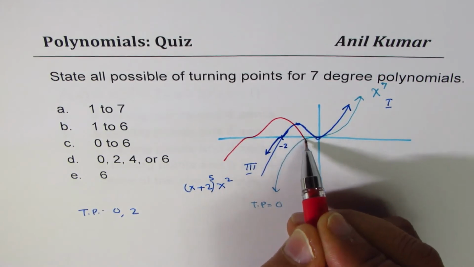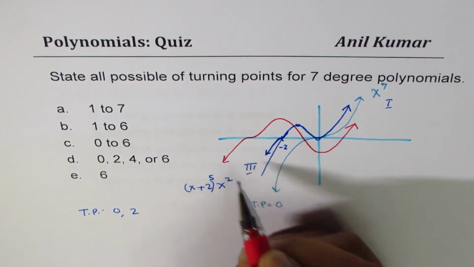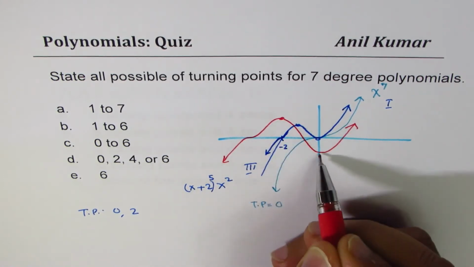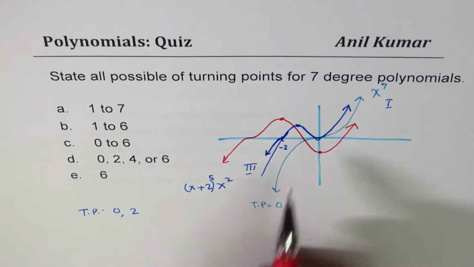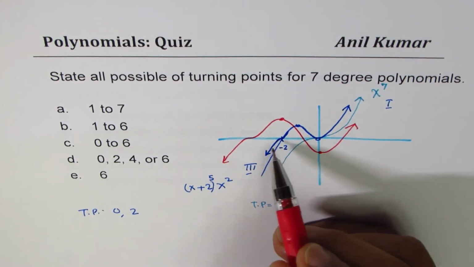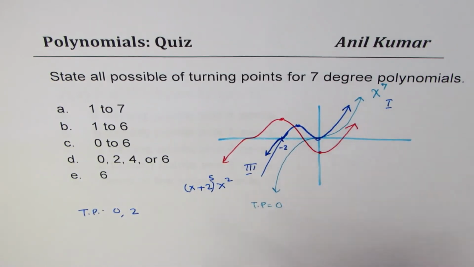And then go there like this and go like that. Do you see that? Now in this case also we have 2 turning points, correct? We have 2 turning points as you can see. Perfect. But we cannot have 1 or 3 turning points, correct?